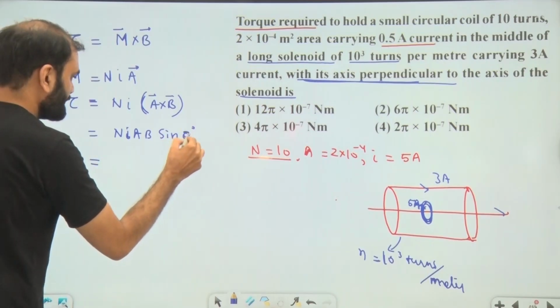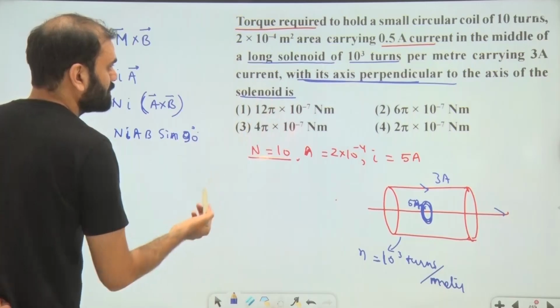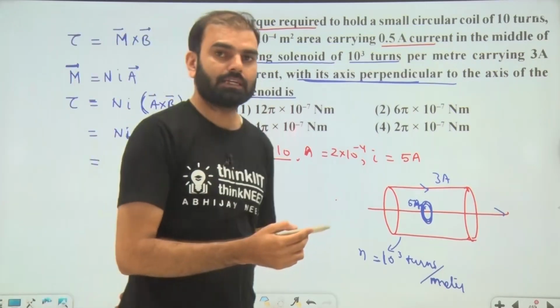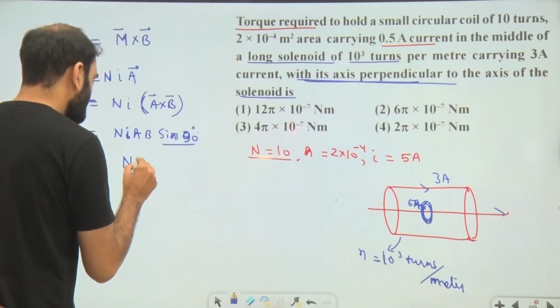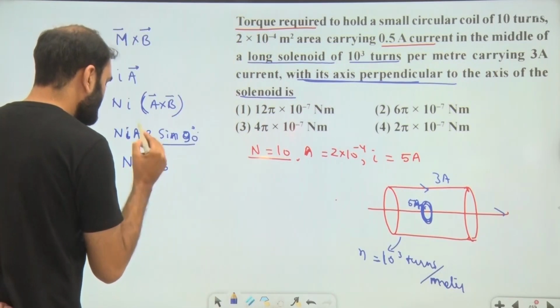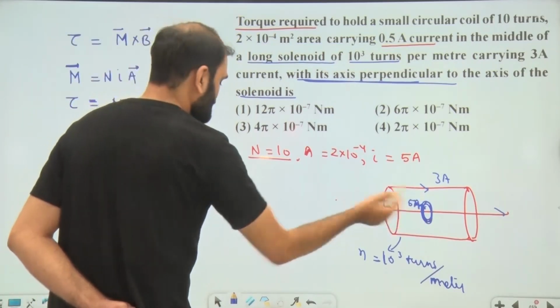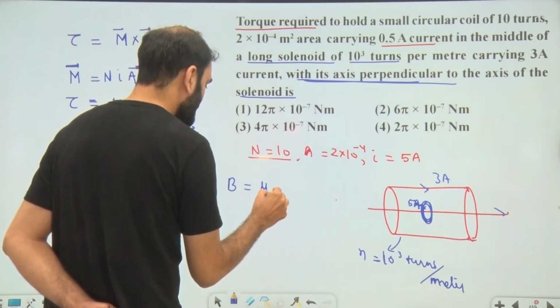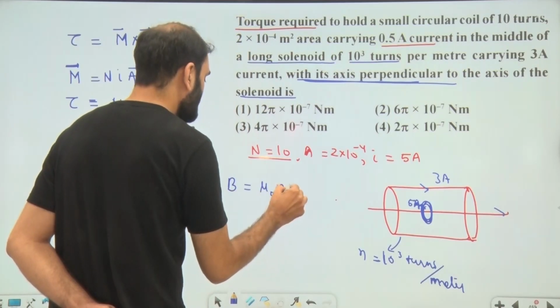Since the axis is perpendicular to the axis of the solenoid, the angle between the magnetic field and the area vector is 90, so sine 90 is 1. So you write N A B, where N is the number of turns in the coil. B on the axis of the solenoid is mu naught into n into I, with n the number of turns per unit length.